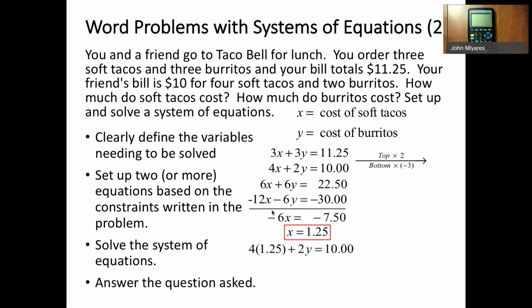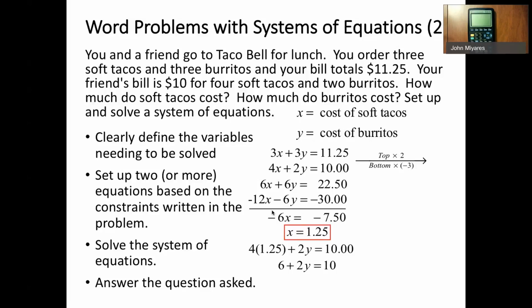In the second equation, your friend bought 4 tacos and 2 burritos and spent $10. Well, if a soft taco costs $1.25, we can substitute that into the equation. Take 4 times $1.25 is $6 plus 2y equals 10.